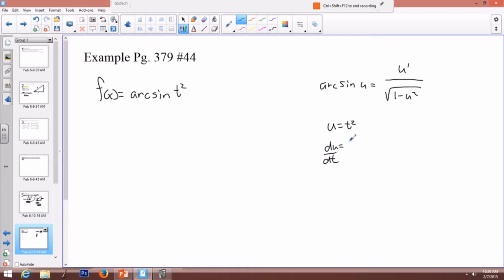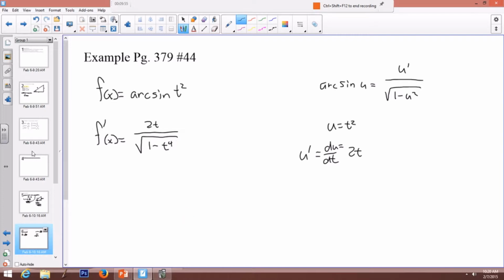And just to fill in that, because this is what I'm normally used to, and I'm using a different notation, this is the same as u prime. So f prime of x is just going to equal, I'm going to use this expression, so I'm going to put my 2t on the top, and then the square root of 1 minus, and then u squared is just going to be t squared squared, so t to the 4th.